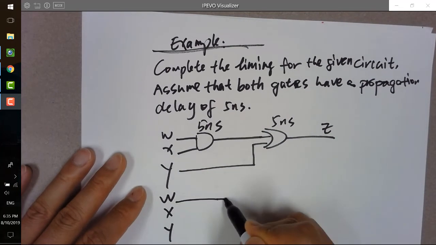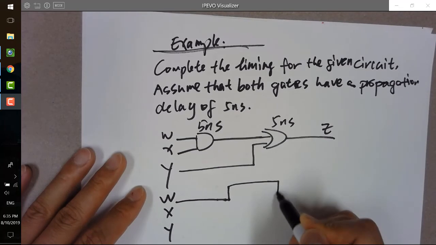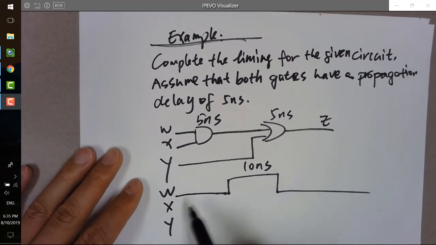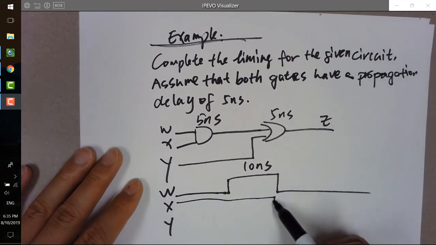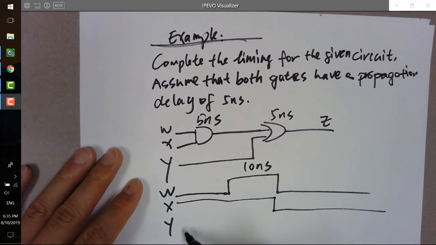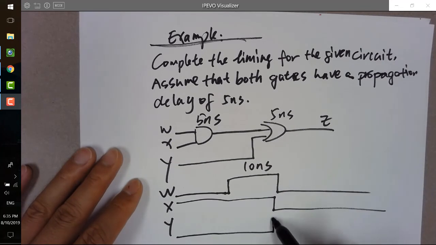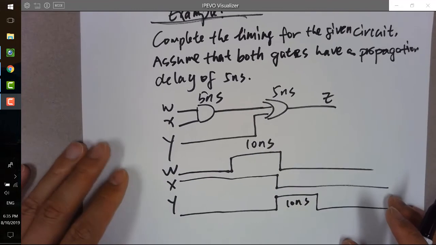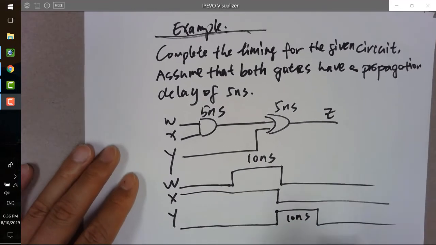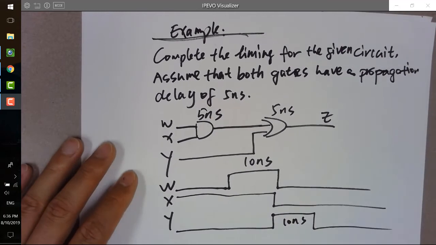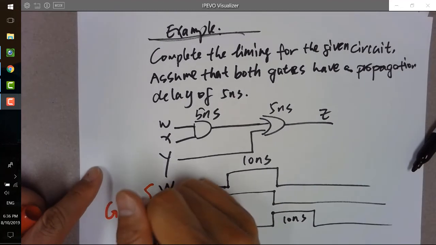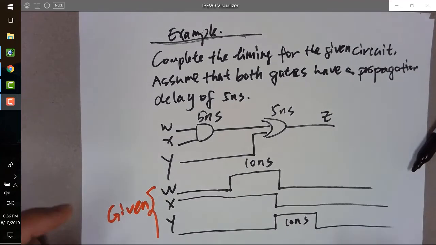So W was 0 in the beginning, and then has a little bump here, which is 10 nanoseconds, and X is something like that, and being toggled at this time point, and Y is this, and here has a bump of 10 nanoseconds as well. Okay, now you need to let us know what Z looks like. So that's the question here. Okay, so these are given. That's what you need to get.